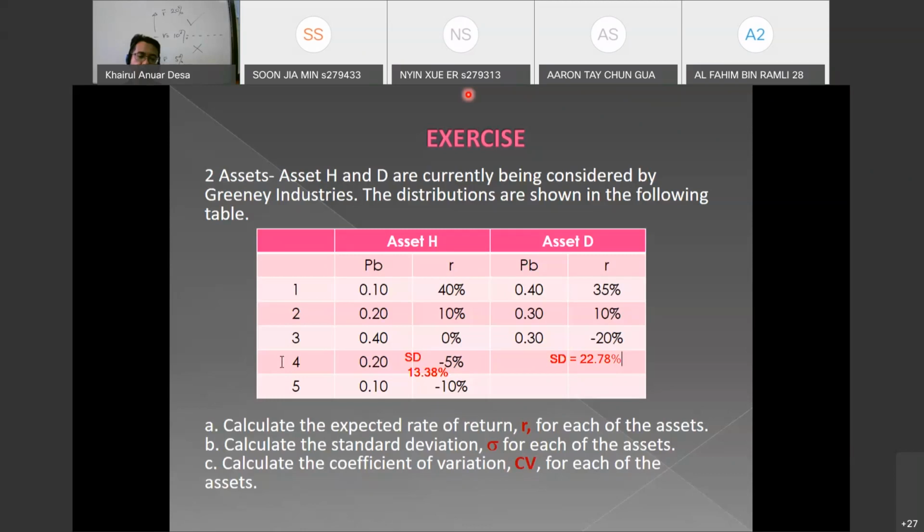Alright, kita pergi ke Nur Najibah Atikah. Nur Najibah, are you here? Najibah ada bersama-sama kita? Okey, Najibah, apakah CV untuk aset H dan D?